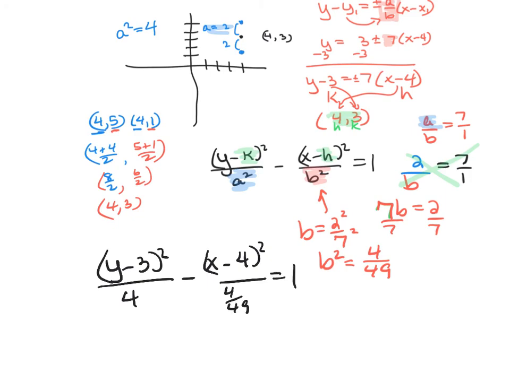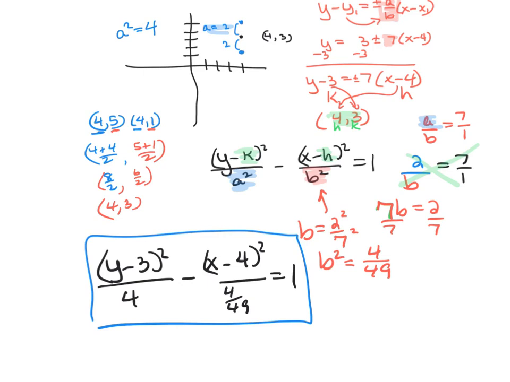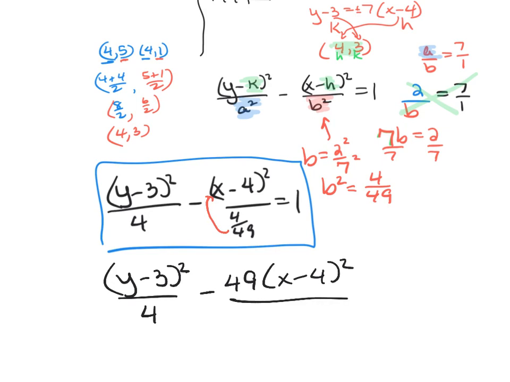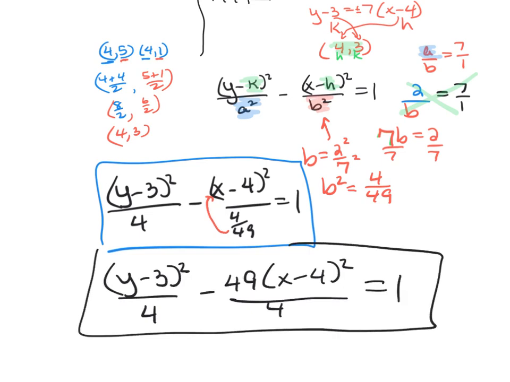Now again, be aware that this could be an answer choice, and you could pick it. However, we are going to adjust it and move the 49 up. So another option for the correct answer: first fraction's fine, move the 49, leave the 4, and this is another answer. Because again, we don't like fractions in fractions.